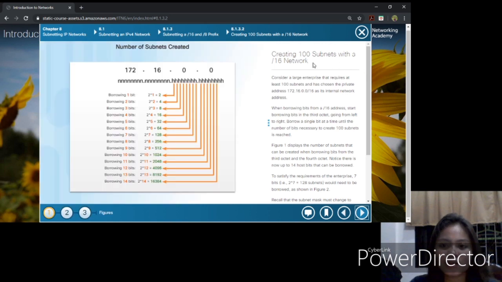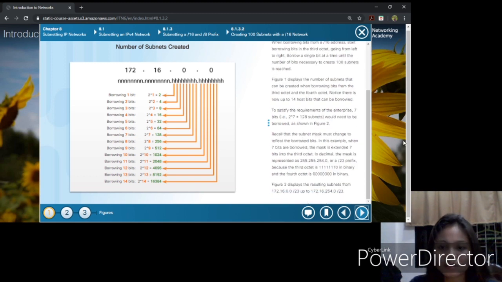Next is creating 100 subnets with a /16 network. It chose the private address 172.16.0.0/16 for the internal network. When borrowing bits from a /16 address, start borrowing in the third octet, going from left to right. Borrow a single bit at a time until the number of bits necessary to create 100 subnets is reached, and the subnet mask changes to reflect the borrowed bits.